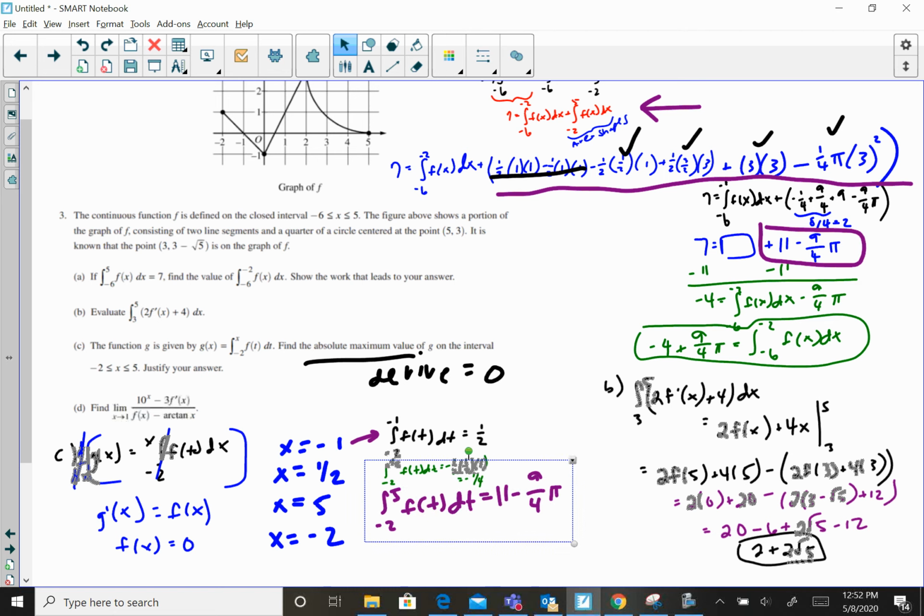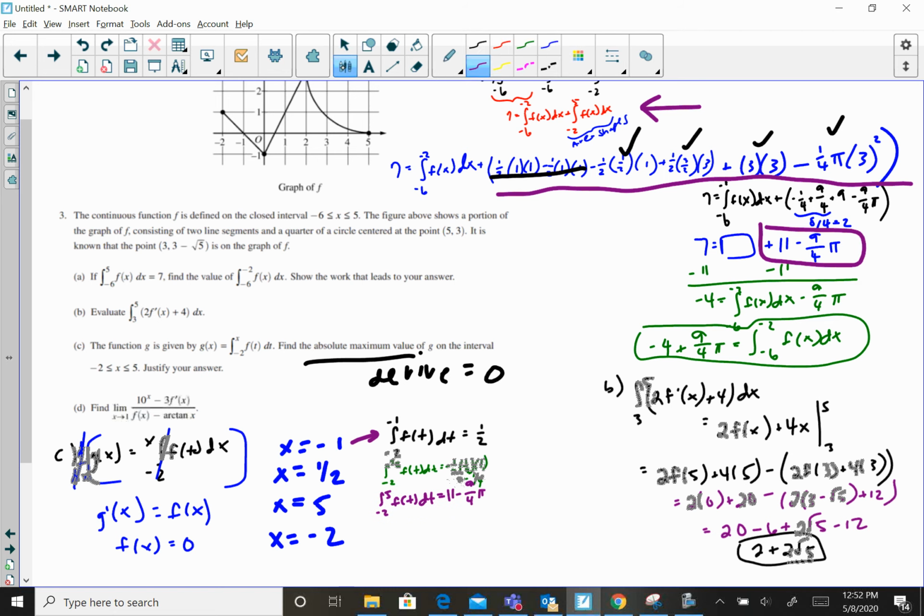And then lastly would be negative 2. But the integral from negative 2 to negative 2 of f of t dt is 0. You have no space there, no area there, so it's 0. So which one is the biggest number? Well, I'm going to put in my calculator and see if 11 minus 9 pi over 4 is bigger than 1/2, and it is.